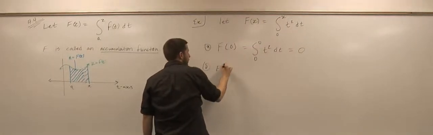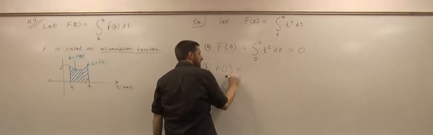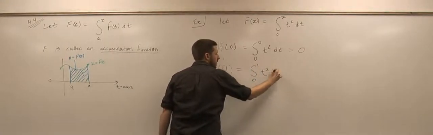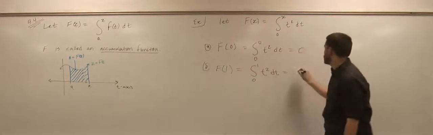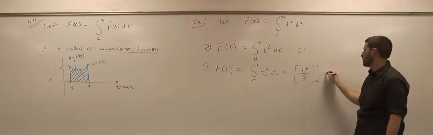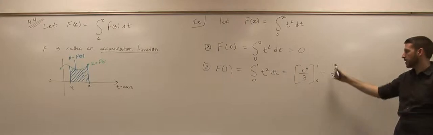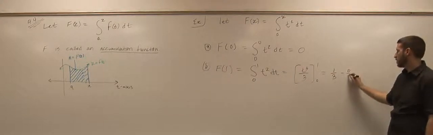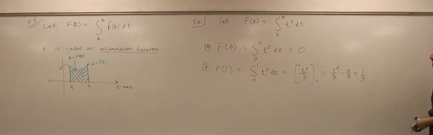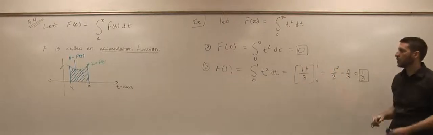What about capital F of 1? This means do the integral from 0 to 1 of t squared dt, which is t cubed over 3 evaluated from 0 to 1, which is equal to 1/3. You plug in 1, then plug in 0, and subtract. So you've accumulated 1/3 worth of area between 0 and 1.